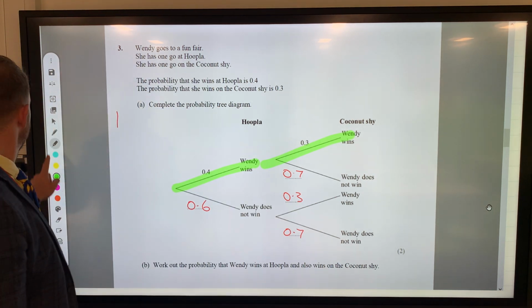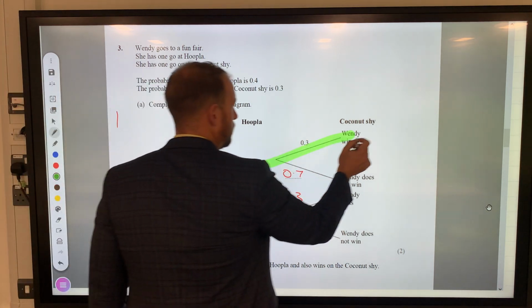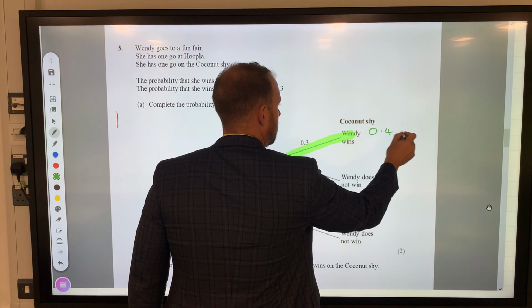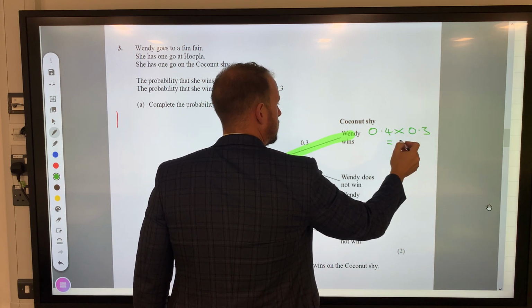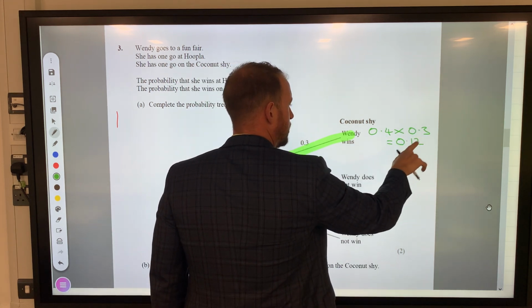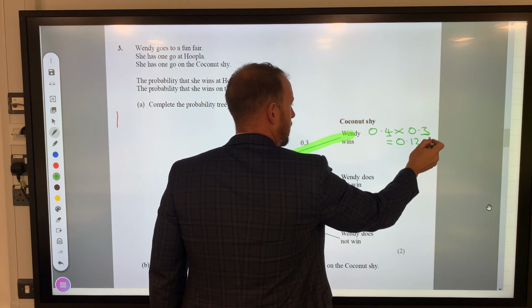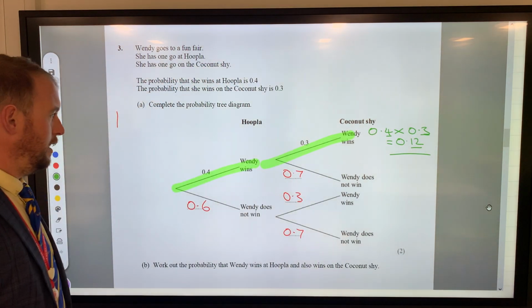Brilliant. So I've now got these 2 events here, 0.4 and 0.3. So I need to multiply these together. 0.4 times 0.3, 0.12. 4 times 3 is 12. Count my decimal places, I've got 2, so therefore I've got to have 2 in my answer.